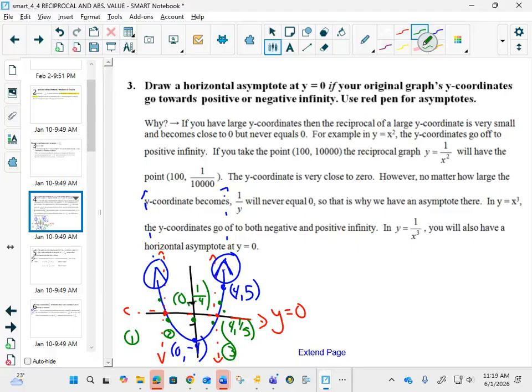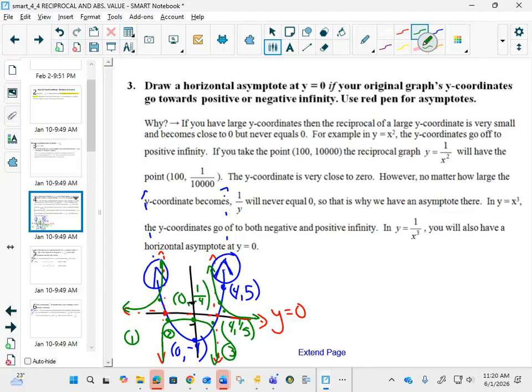And final step, step 6, is once you have your nice points and your asymptotes, your final graph is going to go through your nice points and approach your asymptotes, just like we did in chapter 2. So there's a lot of connections between our rational graphs going towards the asymptotes. These reciprocal graphs will also go towards your asymptotes.